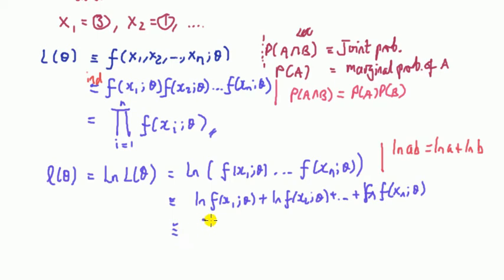And the shorthand way to write this is the sum from i equals 1 to n of log of f of x_i given theta. So you can see that by taking a log, the product has gone into the sum sign.